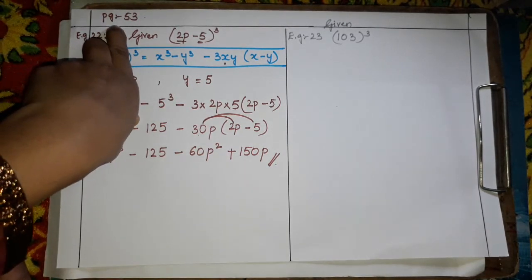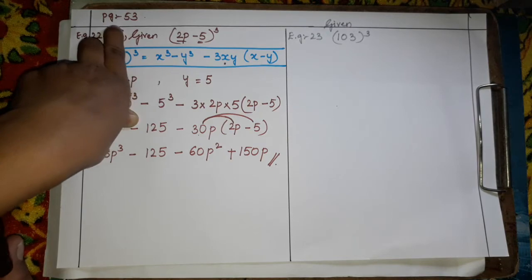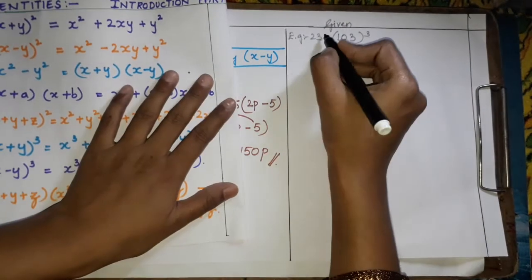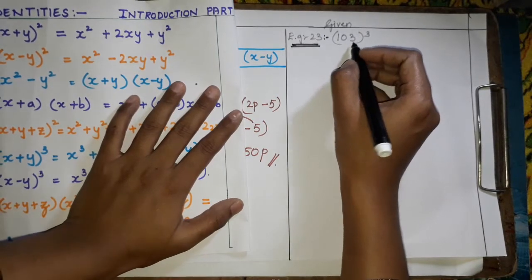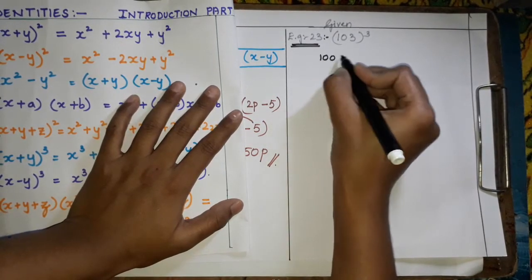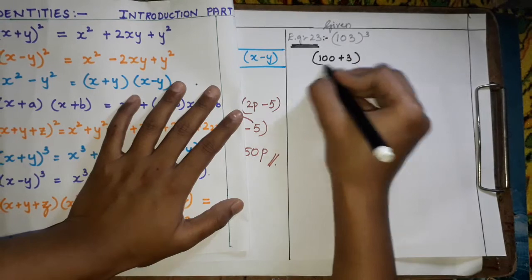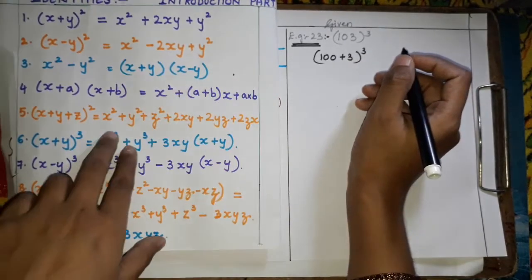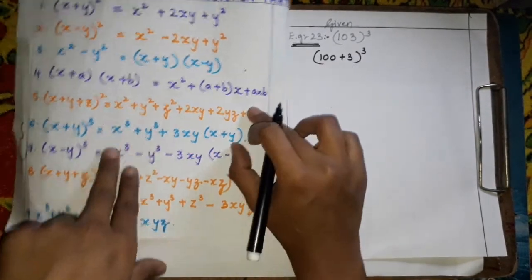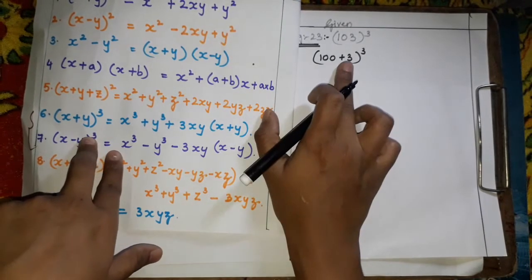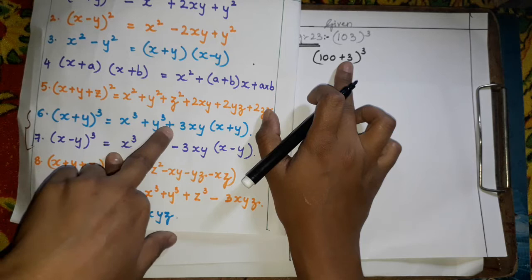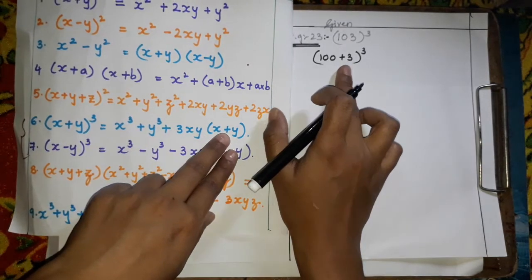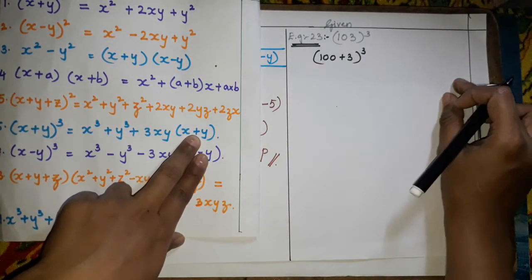Now see here, as you all know, we have to take a splitting sum, children. 103 we can write as 100 plus 3 whole cube. Now which identity we have to use? We have only two cube identities. Here it is plus, so that's why x plus y whole cube. x cube plus y cube plus 3xy, x plus y you have to write in the box.